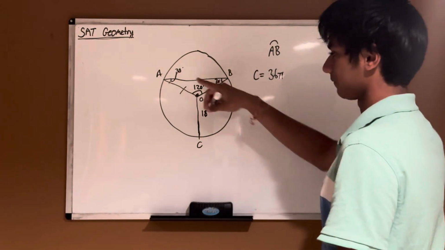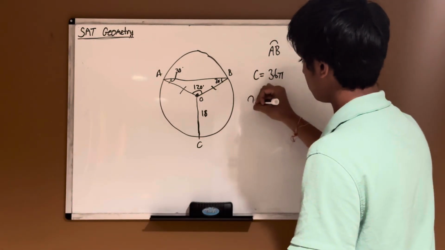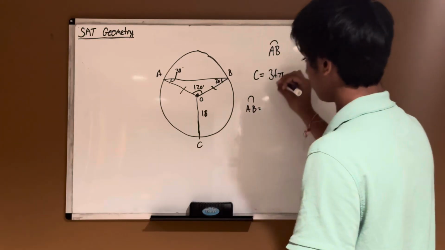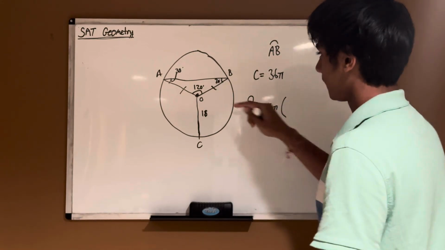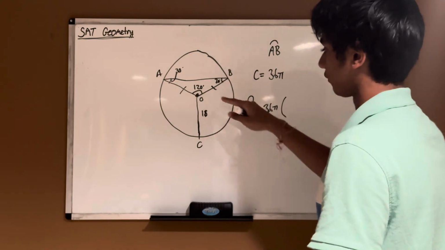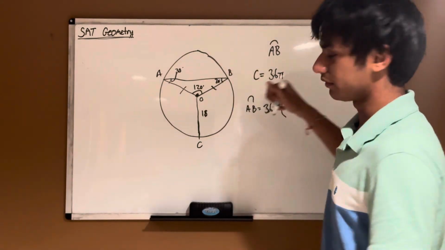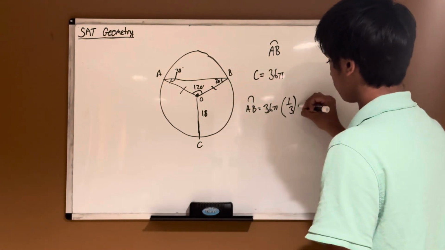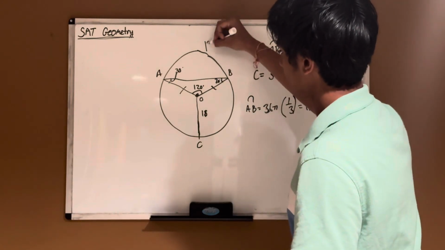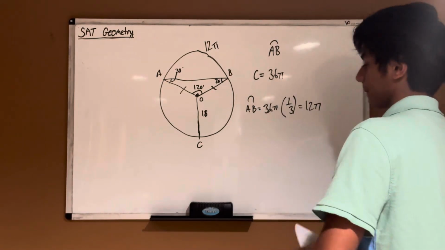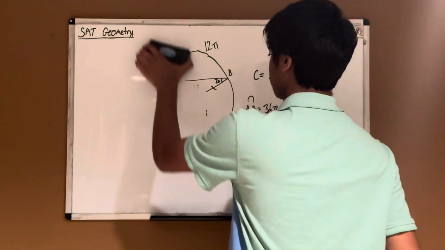Therefore, our arc length AB is equal to the circumference, 36 pi, times the fraction this arc makes. It makes 120 out of 360 degrees, so 1/3, which equals 12 pi, which is our answer for the arc length AB. Okay, next.